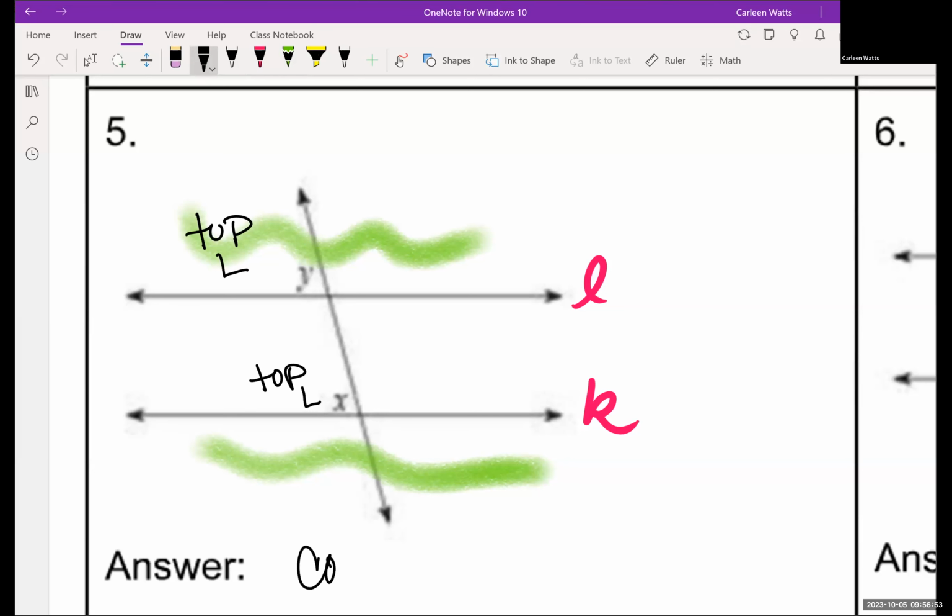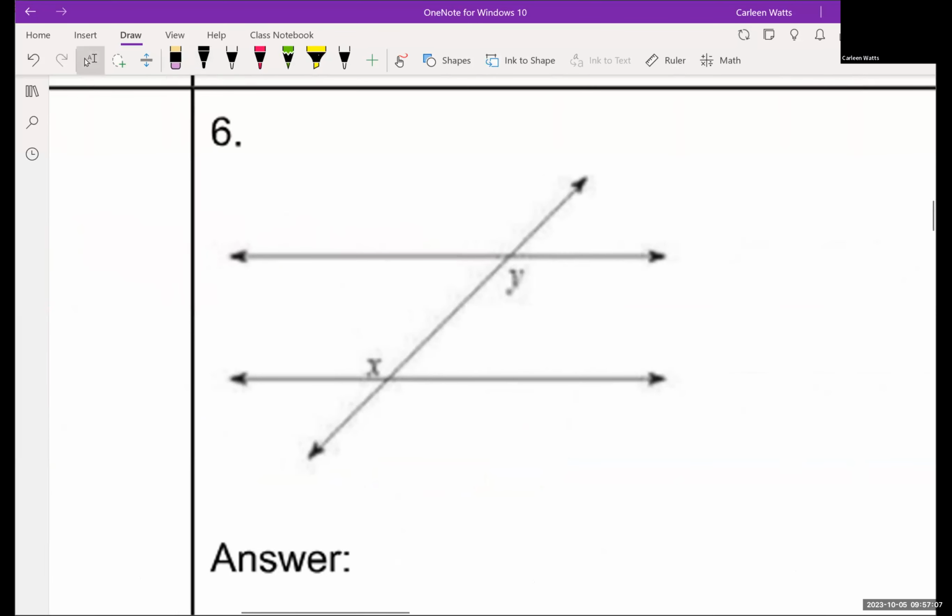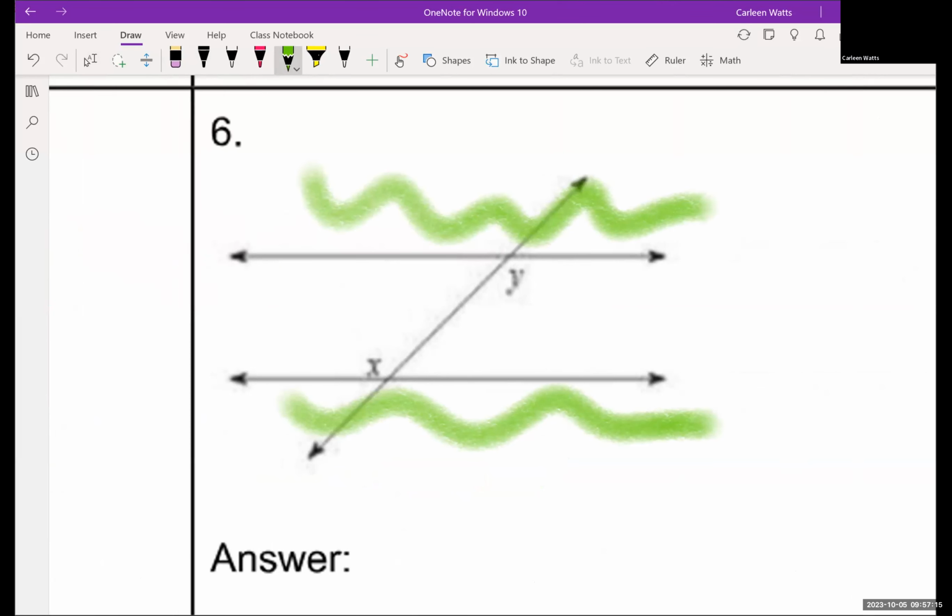These are corresponding. Number 6. Ooh, the transversal is more slanted. Better draw some grass. Okay, 2 words, please.